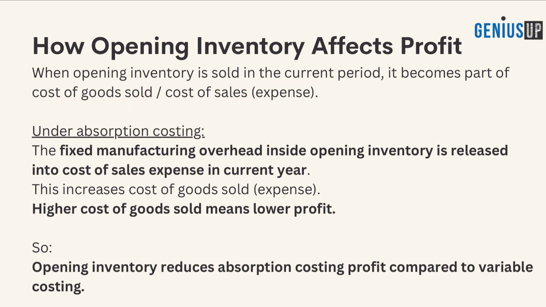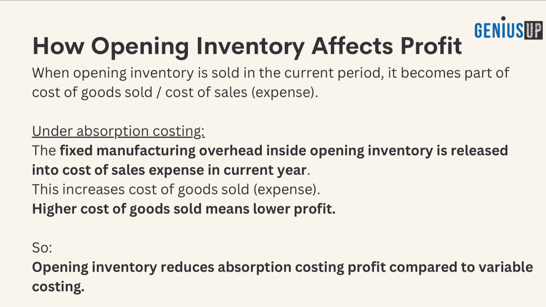If we sell the units this year, they form part of the sales for this year and also the cost of goods sold for this year, right? So under absorption costing, the fixed manufacturing overheads that are inside the opening inventory are then released into cost of sale expense in the current year.